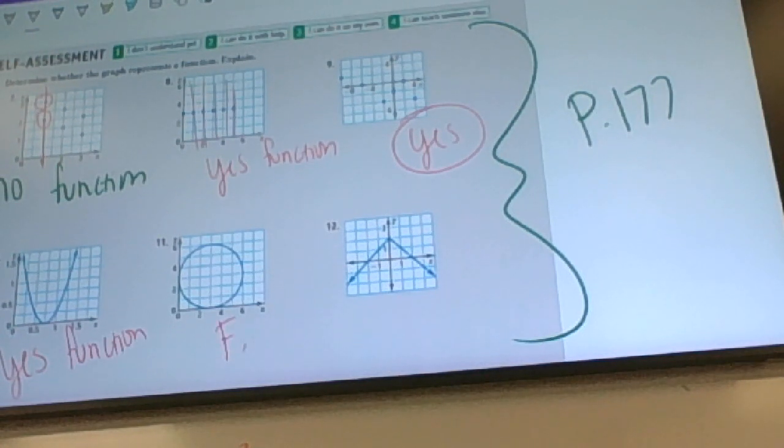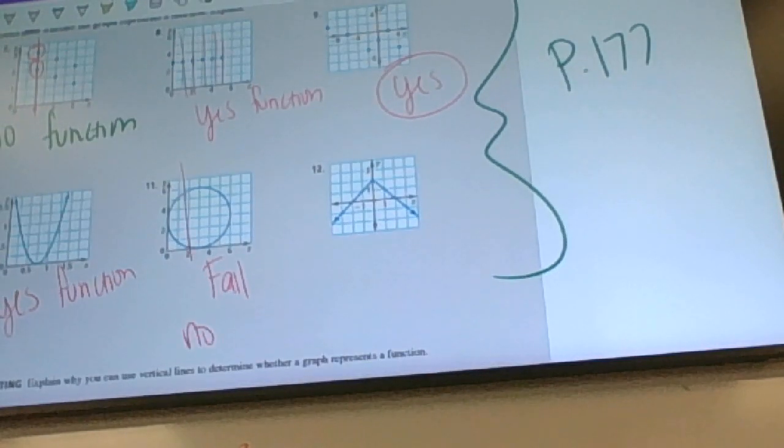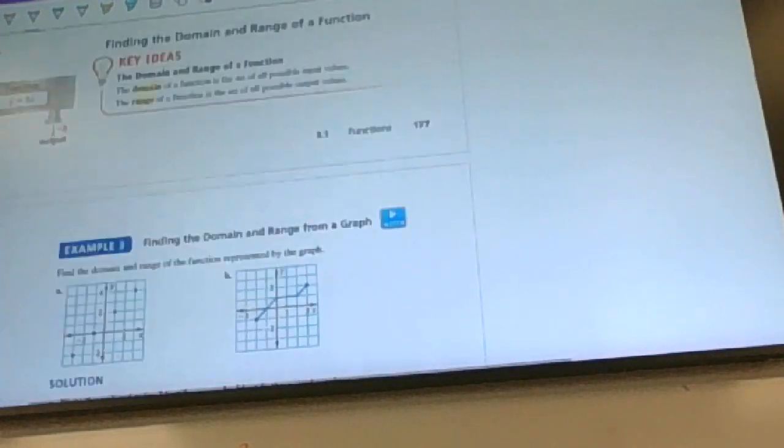This one is a fail. No function. Fail. Fail. This one, yes function. Alright, questions on that? Easy peasy.